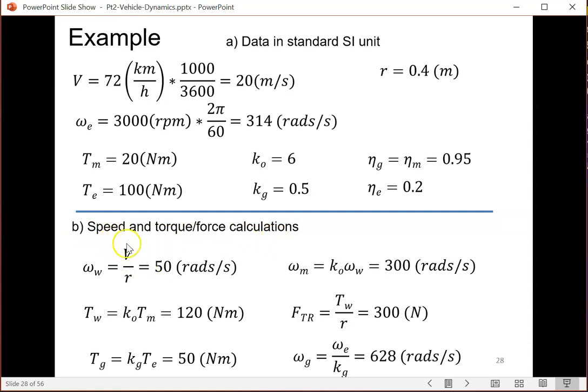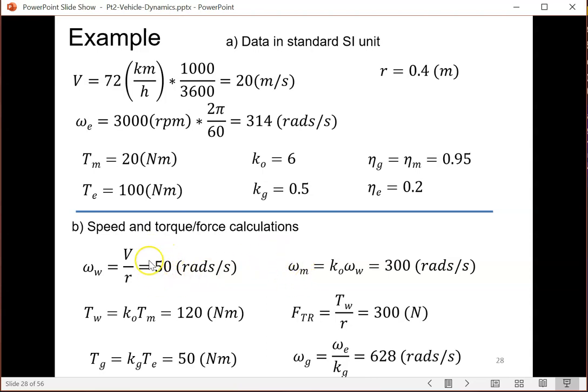We know the forward speed of the car, which is 20 meters per second. Therefore, the angular velocity of the wheels will be V over R, where R is the radius. So 20 divided by 0.4 gives me 50 radians per second.